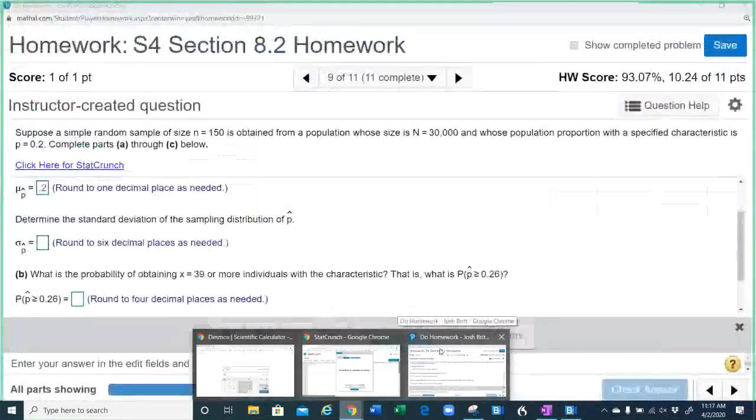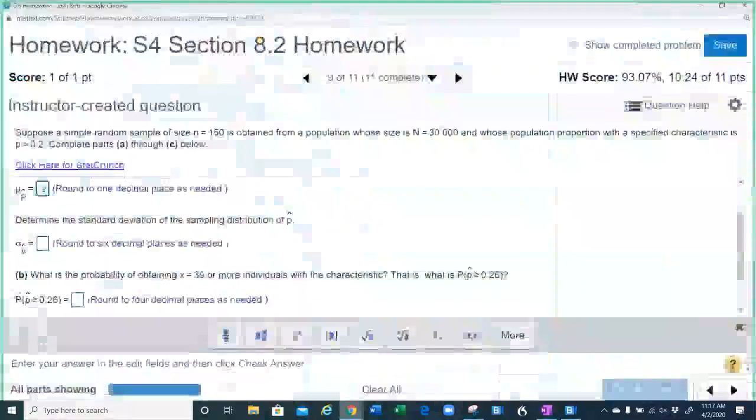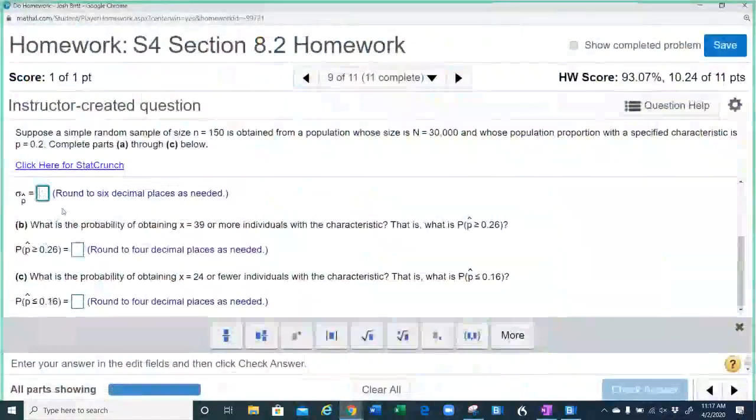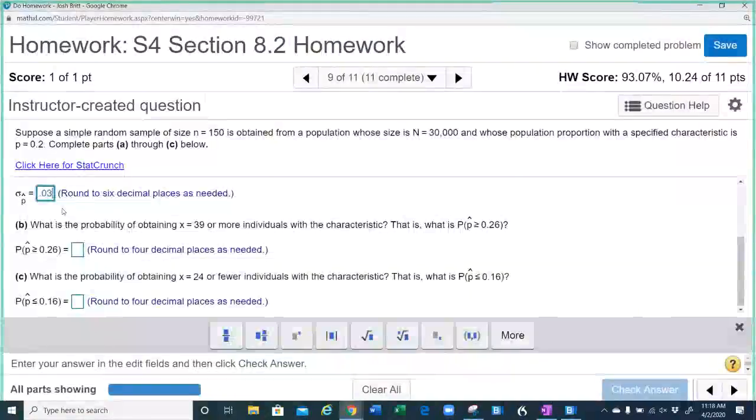Oh, well, 6 decimals here. So let's go ahead and put that in. 0.0326. Oh, that'd be 66. And then greater than 26%.